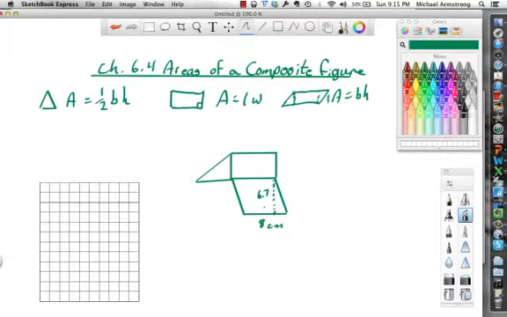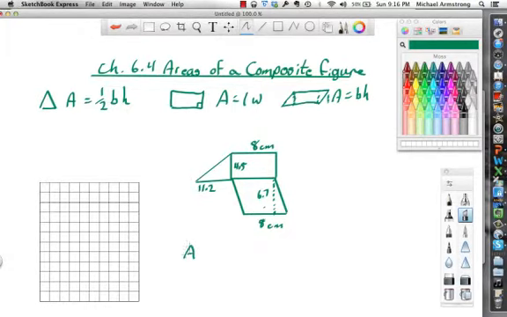Here we have a rectangle whose height is 4.5, and whose top or bottom length is 8 centimeters. And then we have this triangle, and the base of this triangle is 11.2. We have the height of the triangle because it's the same as the height of the rectangle. It's 4.5.